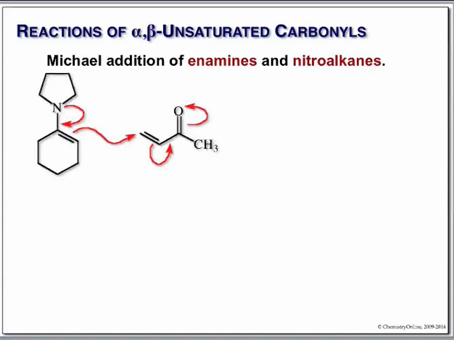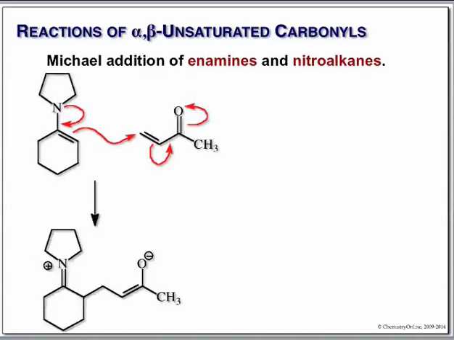Our product is going to look like this. Now our enolate, of course, is going to pick up a proton right down here. So we wind up with this as our intermediate.